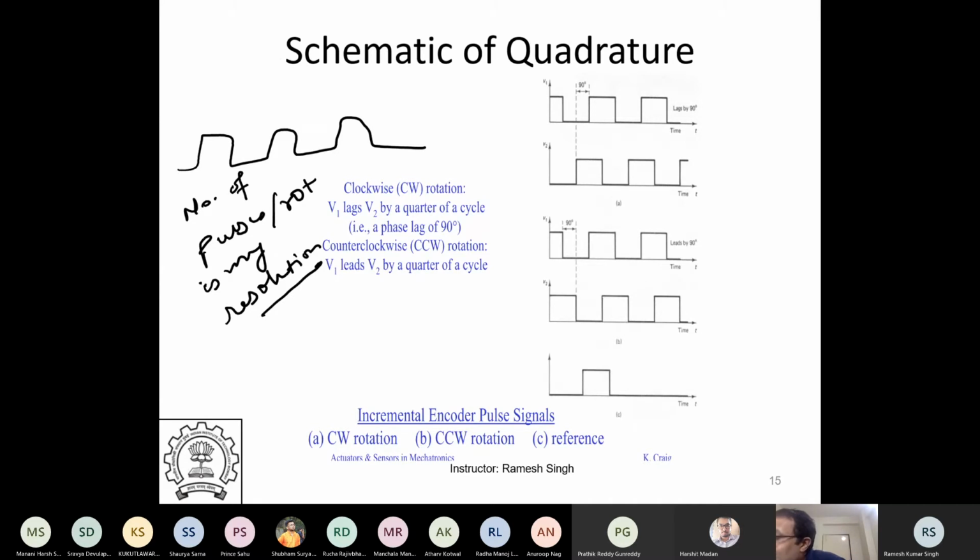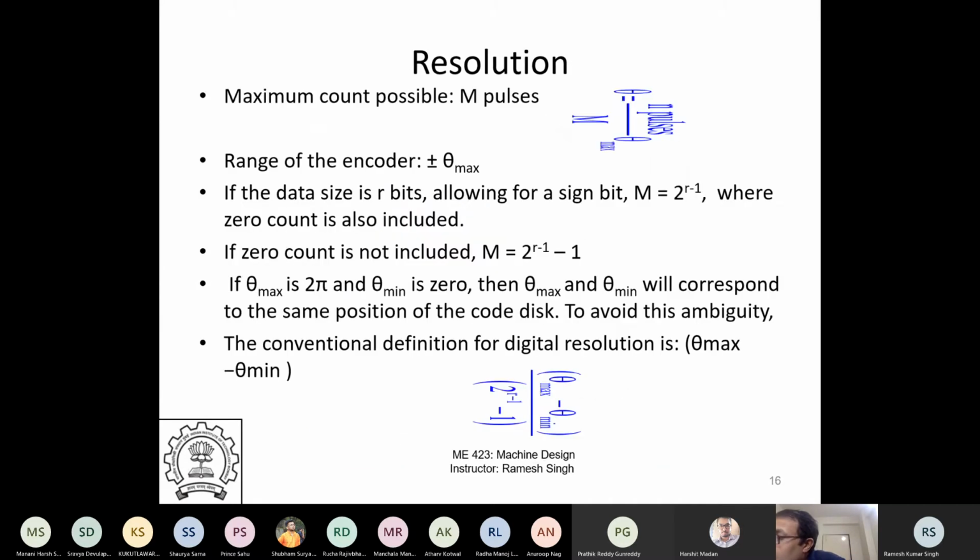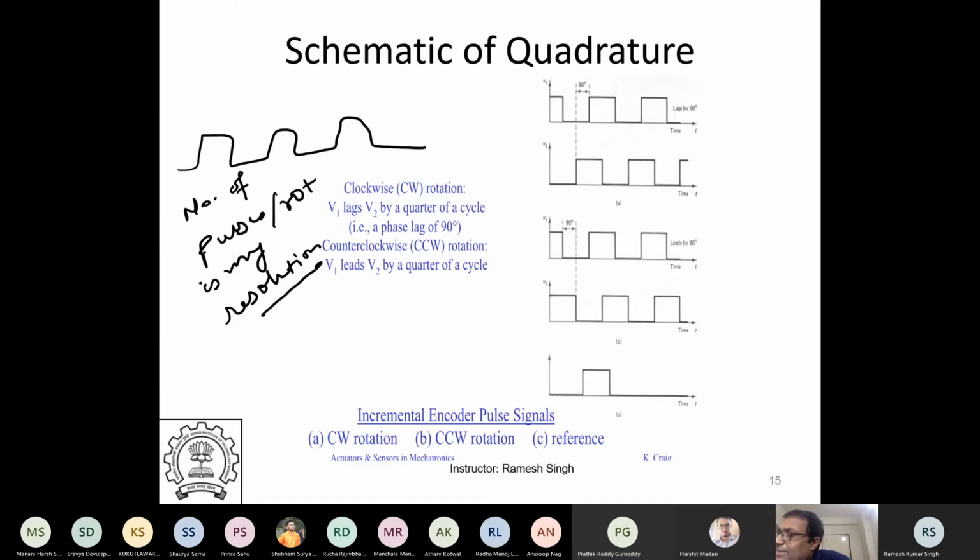Now, if you imagine, what I did was I have either 90-degree lag or 90-degree lead. The first one is 90-degree lag. So basically what happens is this one.